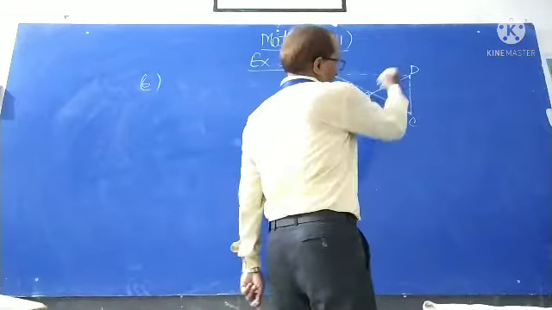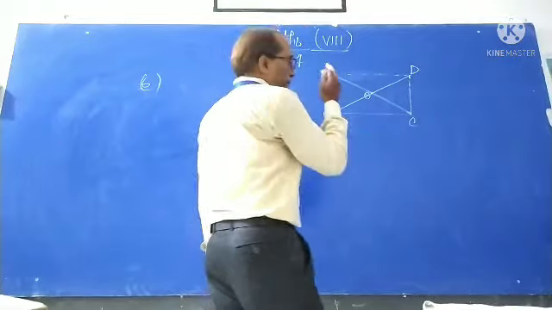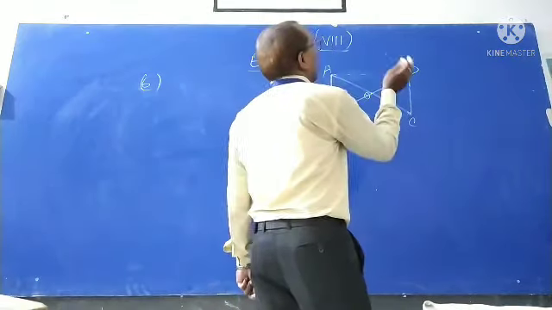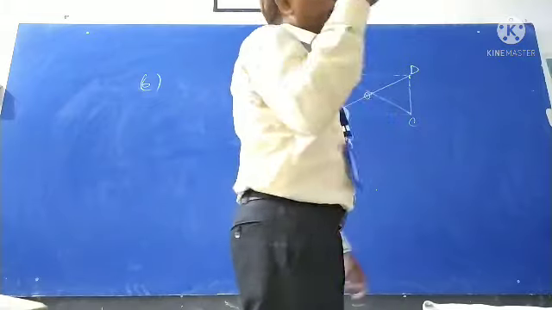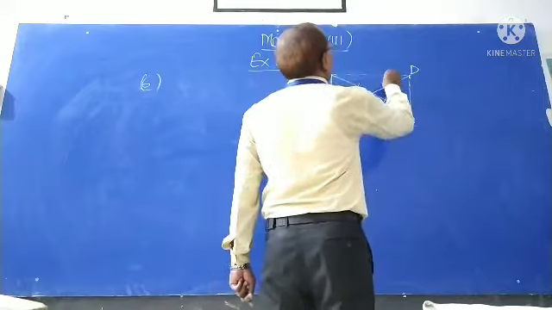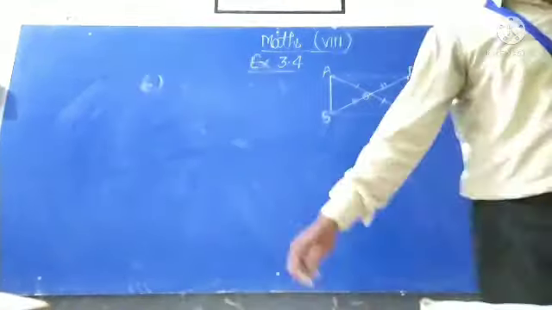And when this is a rectangle, both diagonals are equal and bisect each other into equal parts. Like this is equal to this and this is equal to this by the property of a parallelogram.